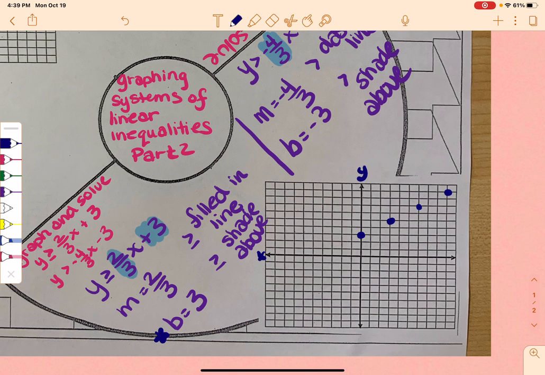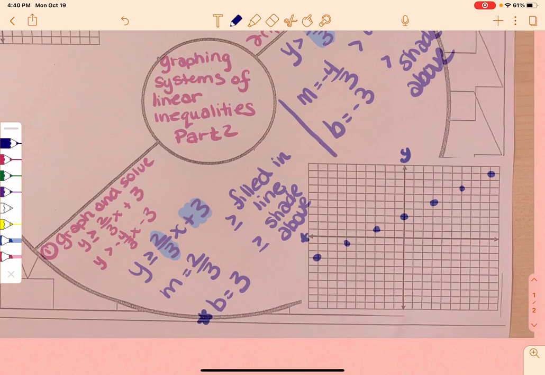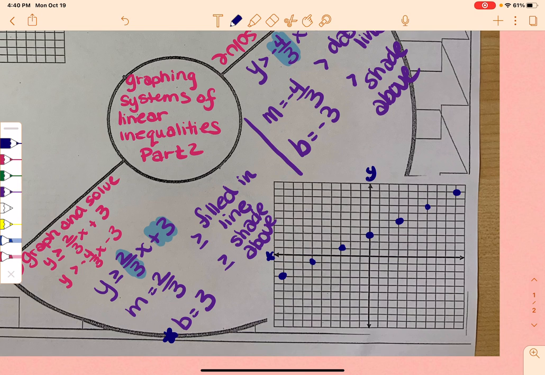So I'm going to go down 2 and back 3. Now I know I need to make a filled in line. So there's my filled in and solid line.